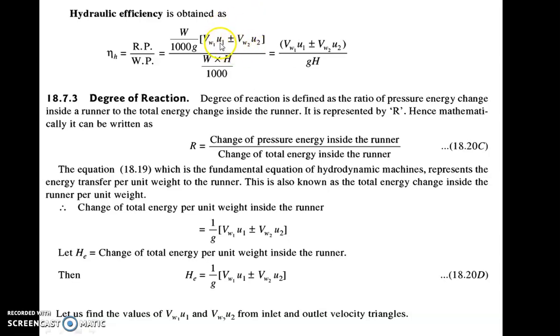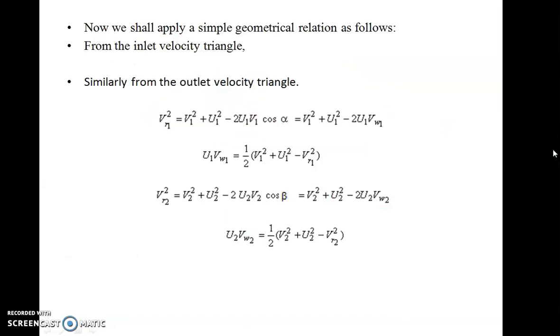Now U1 and U2 are not equal, that's why it is VW1 U1 plus minus VW2 U2. There is no 2, because that half mv square, the half was going above and becoming 2. Now here there is no 2; the formula change is (VW1 U1 plus minus VW2 U2) upon gH. That is the formula for hydraulic efficiency, which you have to remember in detail. That is the hydraulic efficiency.